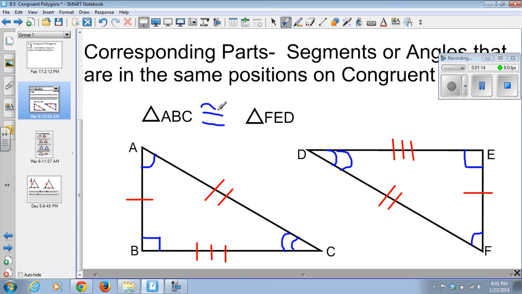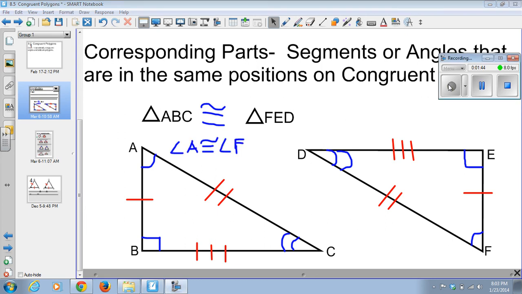And notice the order of how the angles are named in our triangle identification. We start with A and we start with F, B and E, C and D. Now if we look at our triangles, we notice that angle A has that same one little arc as angle F. This tells us that the angles are congruent, and we indicate it like this.